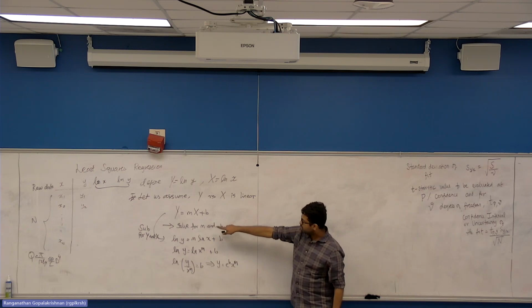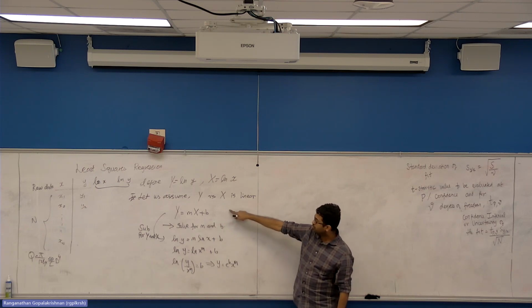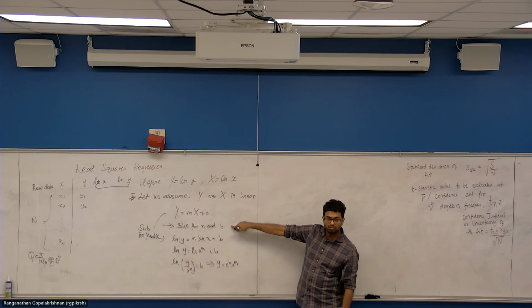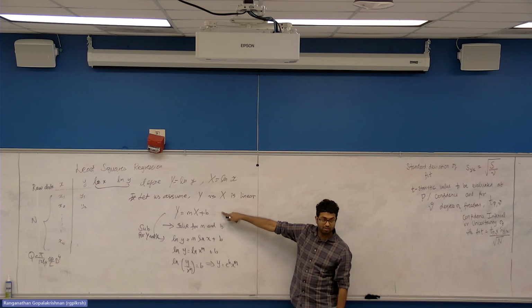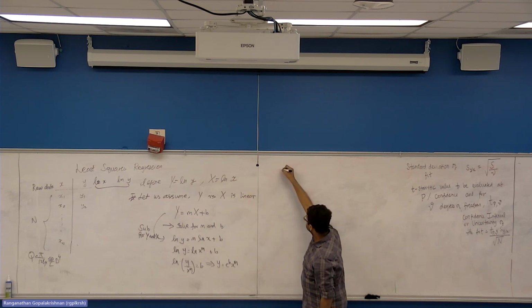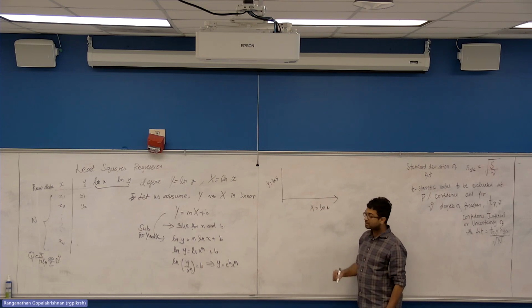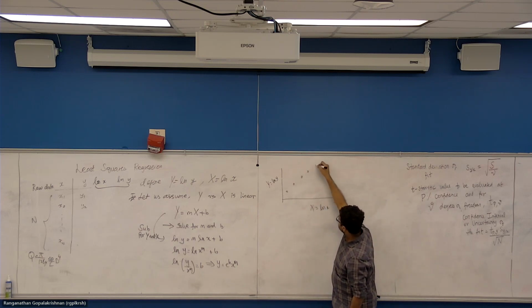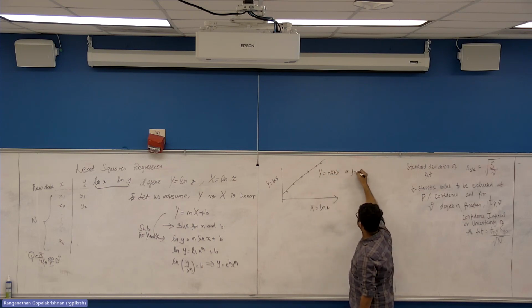When you do the solution for m and b, you also know how to get the confidence interval for y, can you? If you can do m and b, I also taught you how to get the confidence interval. Suppose you are plotting uppercase Y equals ln of y and uppercase X equals ln of lowercase x. Here's your data, let's say. This is Y equal to mX plus b, or y equal to e power b times x power m.